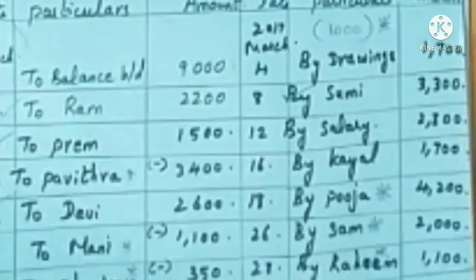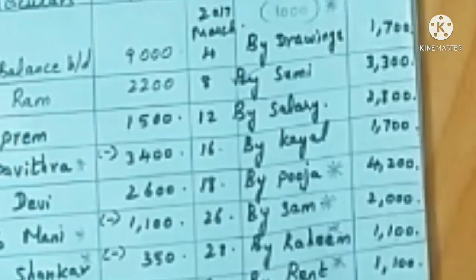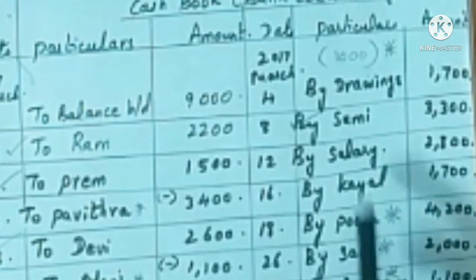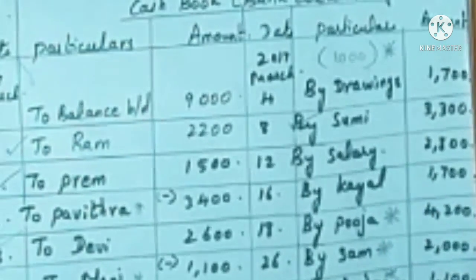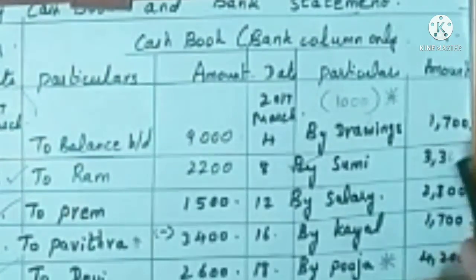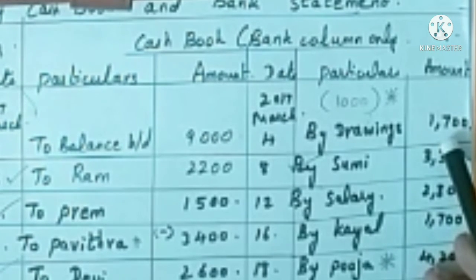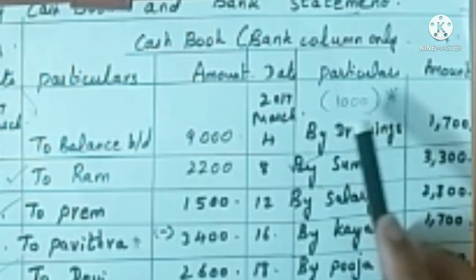Next one. Let's see the credit side of the cash book. The next one is by drawings 1700. This 1700 is recorded in the cash book, but in the passbook only rupees 700 is recorded. 1000 rupees is not recorded.